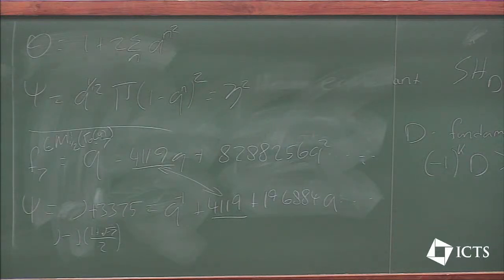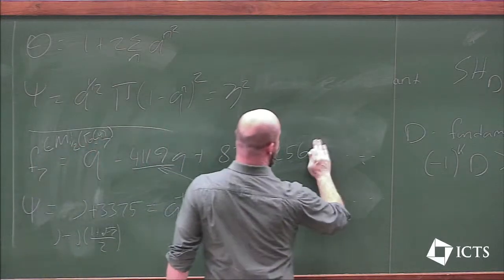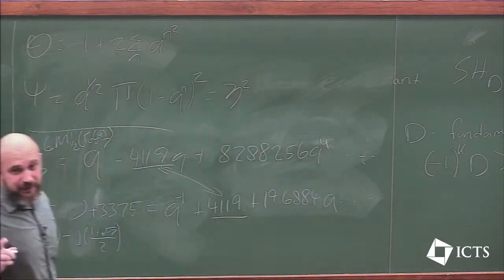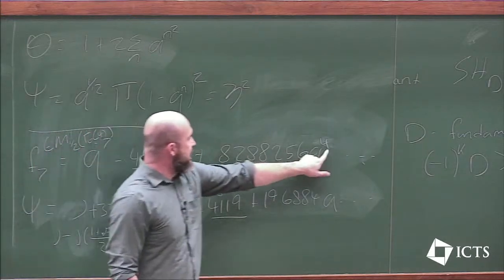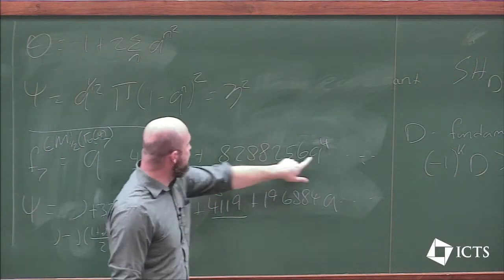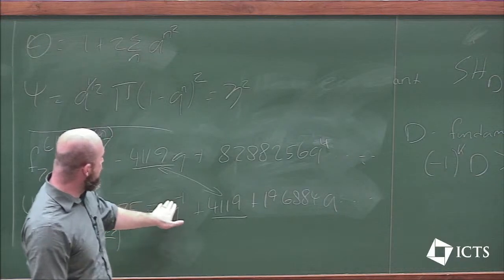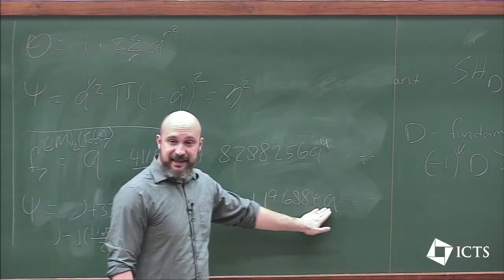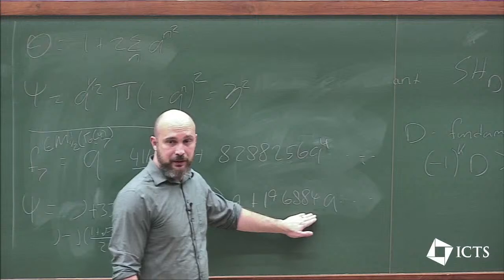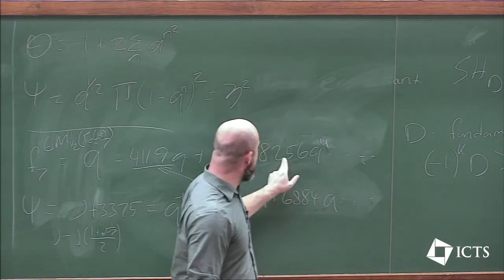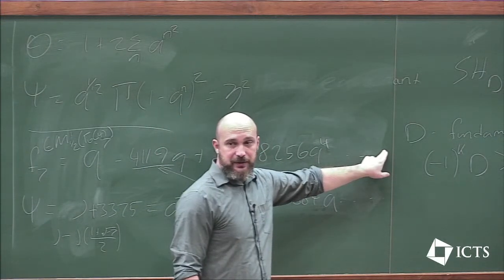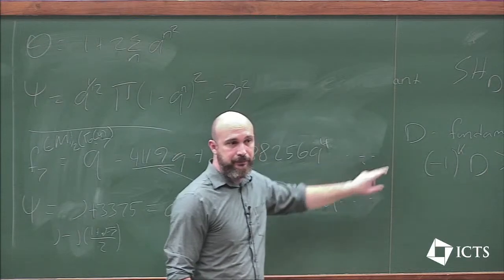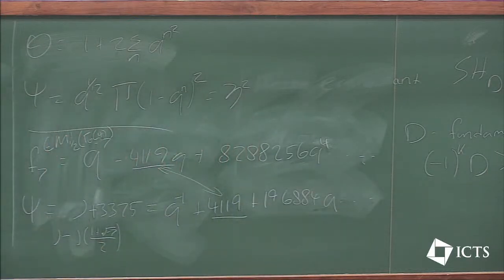Did I write, that's a 4. Yes, sorry. And that's in the plus space. So these two coefficients are the only two that you need to get this far in this expansion. In order to get a next term, you'd need the coefficient of q to the 9th up here. Good. Are we good with that?